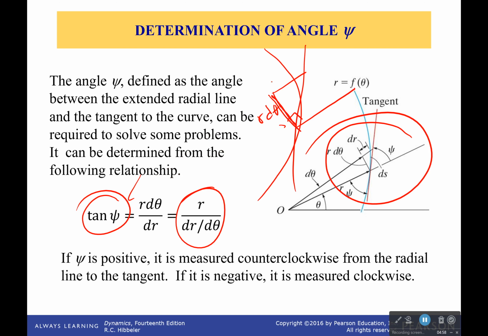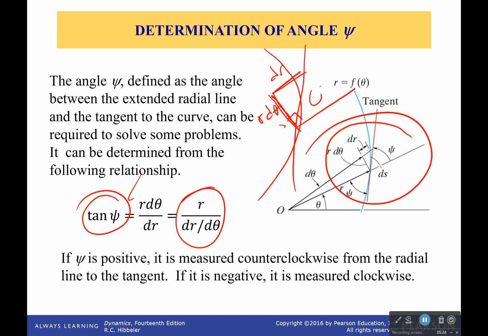For a very, very infinitely small moment, we can say that this is equivalent to the path length, even though it's going to be a curved line. We're saying it's perpendicular, or just this perfectly straight line, because it's infinitely small. And then this length right here is going to be our change in our radial position, dr, which once again will be exact as long as it's sufficiently small.